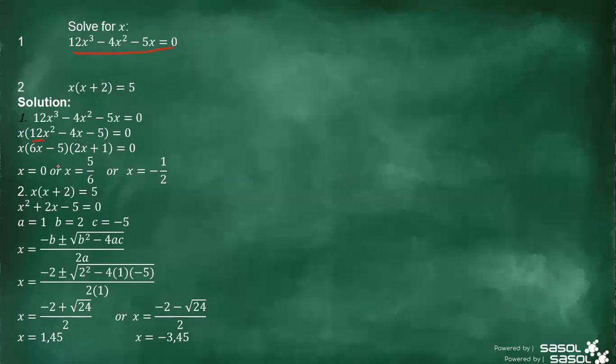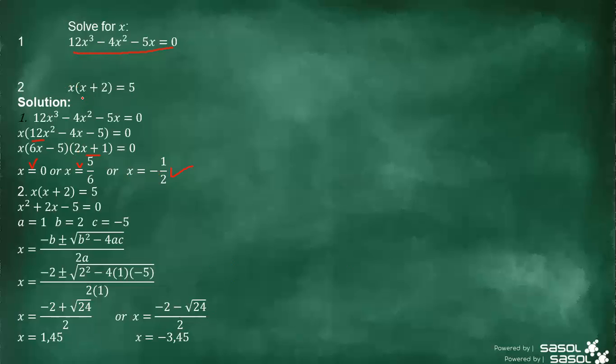Therefore, we solve the value of x, and x equals 0, that's number 1. And then when you solve x here, 6x minus 5 gives us x equals 5 over 6. And then this one, when solving the value of x, it's going to be negative half. So that is the value of x.